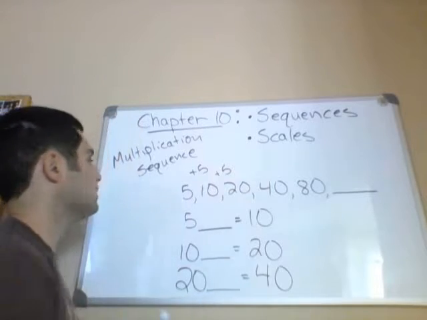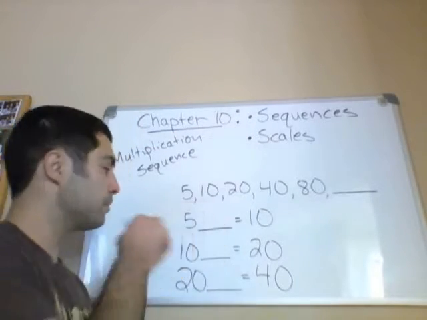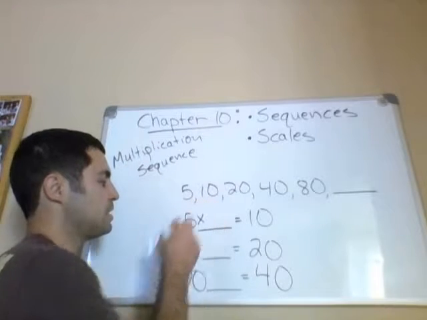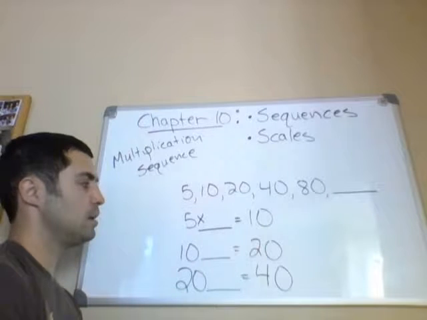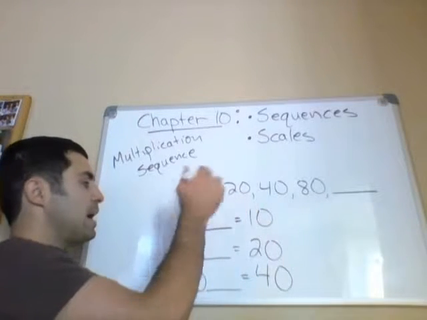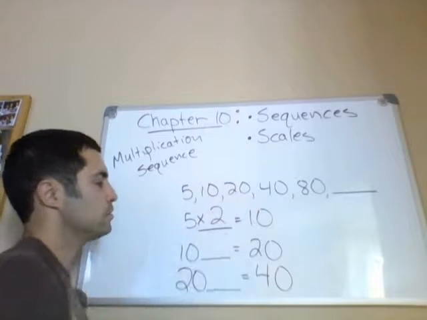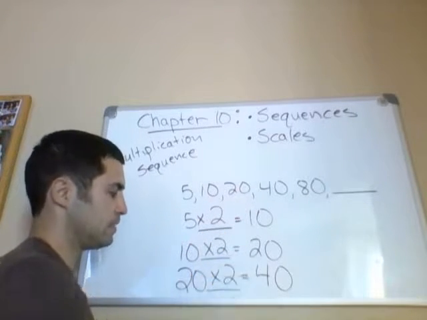So let's go ahead and erase the plus 5. So we know it's going to be something that we're multiplying. 5 times what number equals 10? Or you could think your fact family. 10 divided by 5 equals 2. So let's see if times 2 works for this.